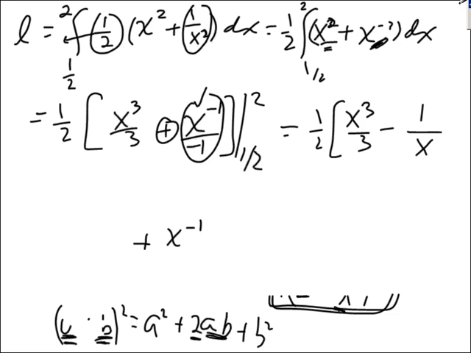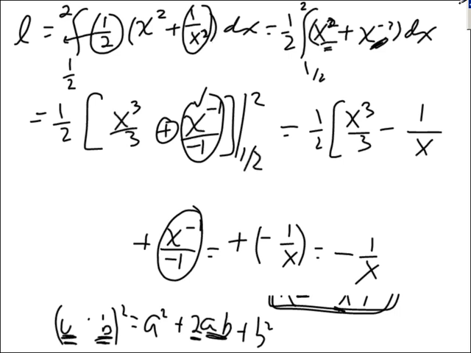Adding x to the negative 1 over negative 1, that fraction is negative and it's 1 over x. Adding negative 1 over x is the same as taking away 1 over x. And that's just what I did. And this gets evaluated from 1/2 to 2. We're done integrating.